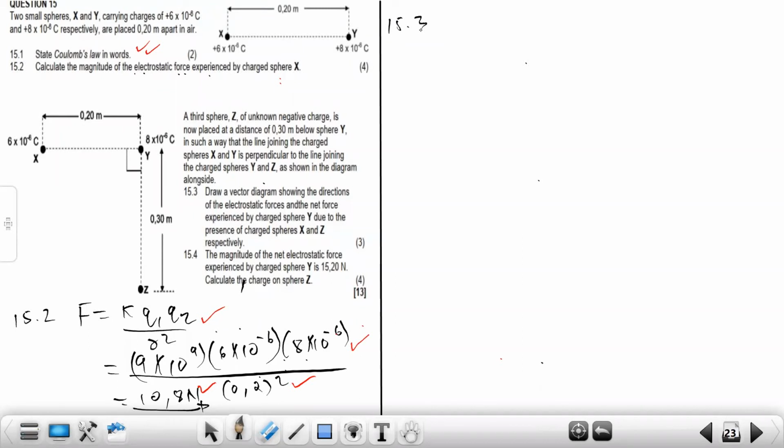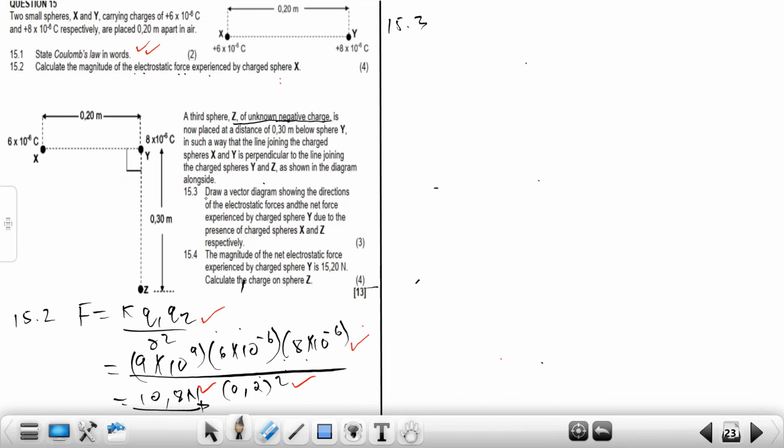It says a third sphere Z of an unknown negative charge. So all I know is Z has a negative charge, and is placed at a distance of 0.3 meters below sphere Y in such a way that the line joining the charged spheres X and Y is perpendicular to the line joining charged spheres Y and Z as shown in the diagram alongside.